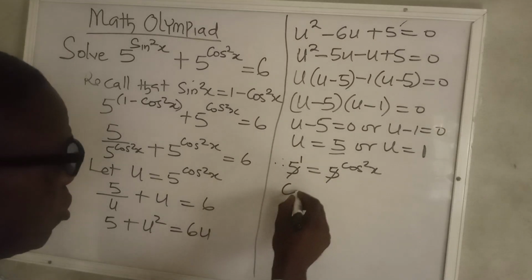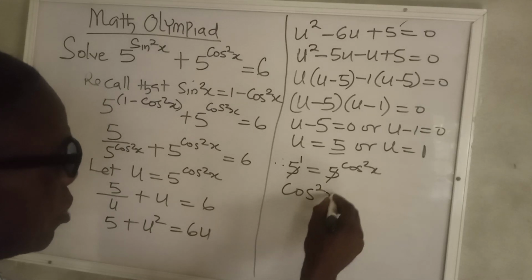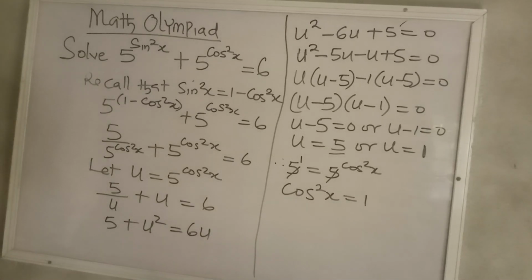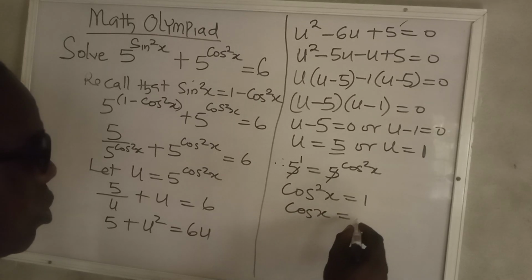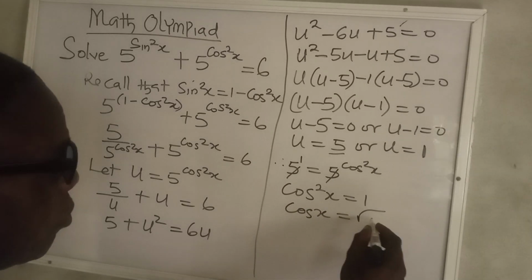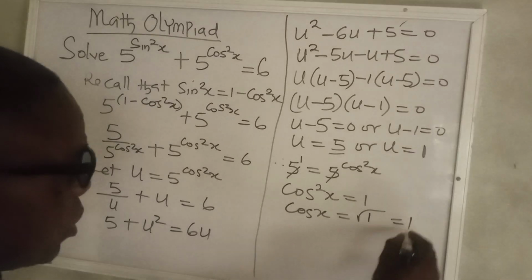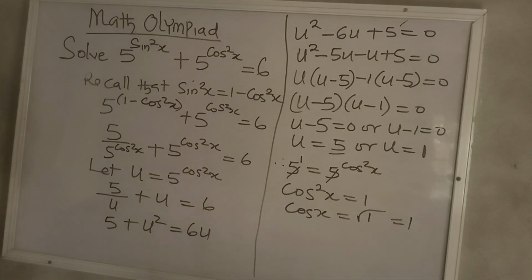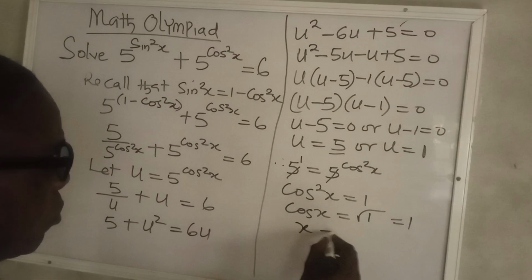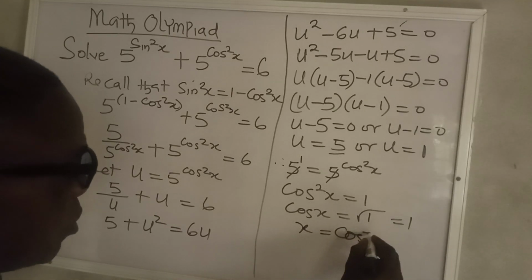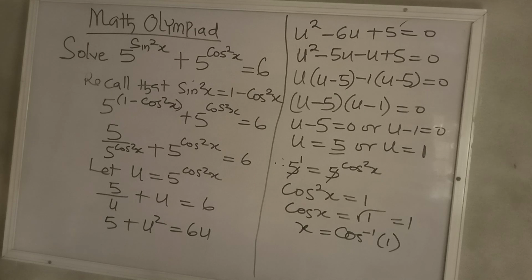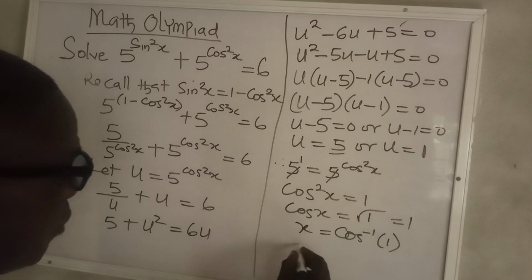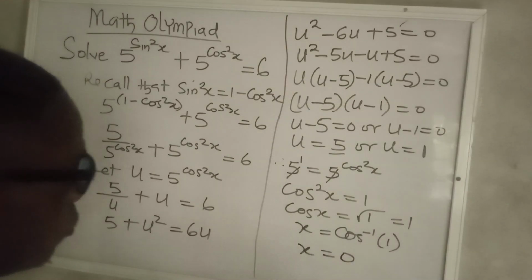We have that cos squared x equals 1. Therefore, cos x will now be square root of 1, which is 1. x will give us cos inverse of 1, and cos inverse of 1 is 0. So therefore x equals 0.